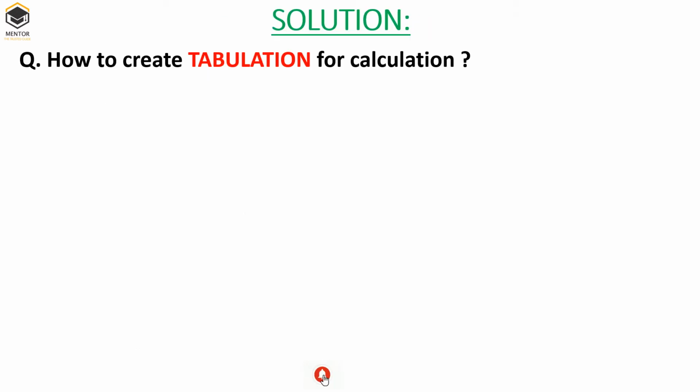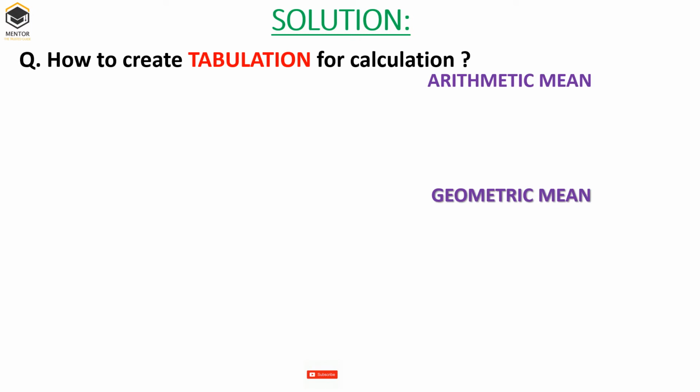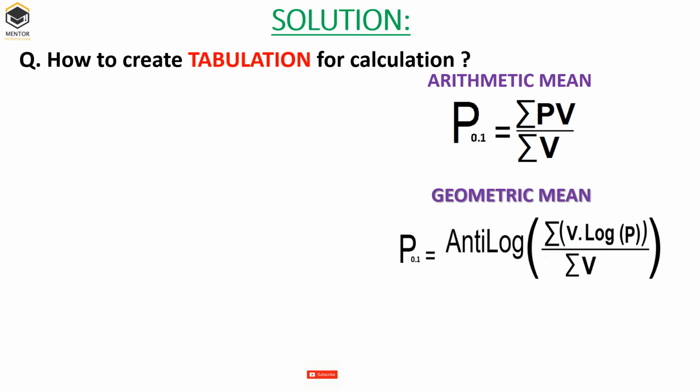So in the solution, how to create the tabulation for the calculation purpose. What we need to calculate? We need to calculate arithmetic mean and geometric mean. So let's see the formulas. What is the formula of arithmetic mean? Price index of the current year based on base year is equal to summation of product of price relative into weight divided by summation of all weights.